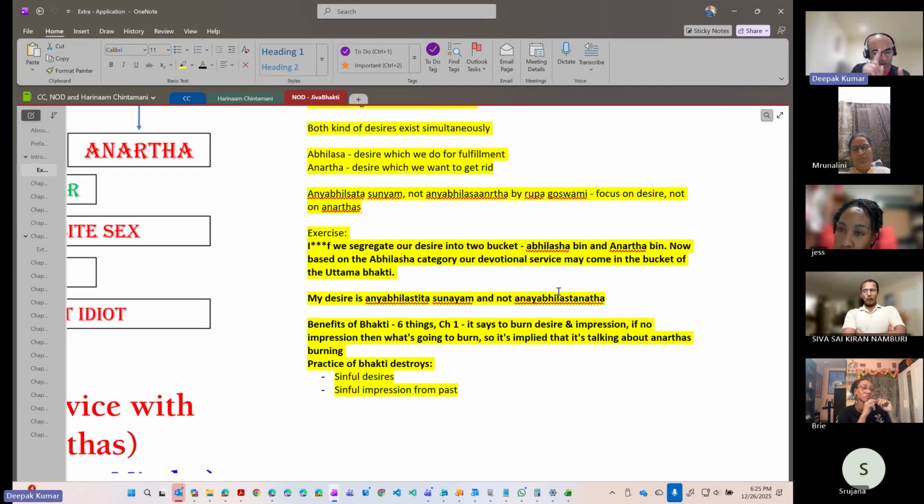So here, as long as you think that Krishna is the Supreme Personality of Godhead, He is the Swayam Bhagwan. I want to serve Krishna with the best of my ability. I want to please Krishna to the best of my ability. I want to surrender my life to Krishna to the best of my ability, whether I have surrendered or not, but I want to.